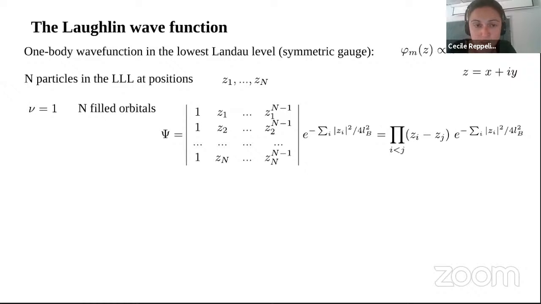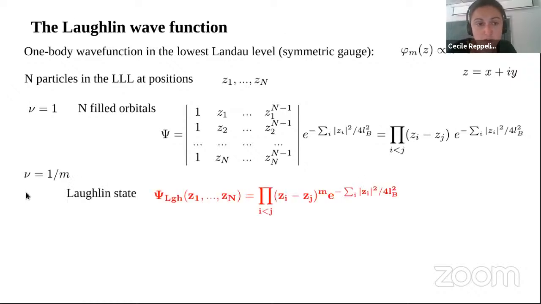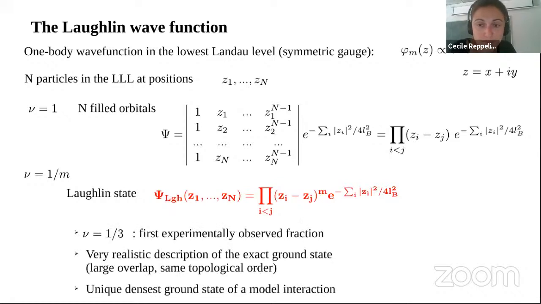The Laughlin wave function corresponds to a filling fraction 1/m of the lowest Landau level, and is written very similarly, except that you have this power m for the Jastrow factor, and you still have your Gaussian factor accompanying this overall wave function.